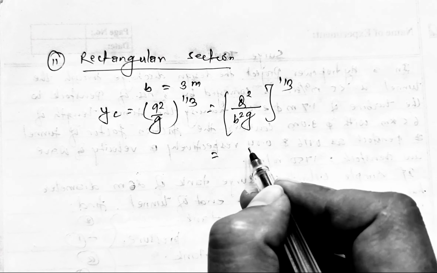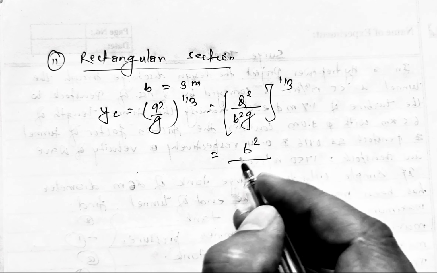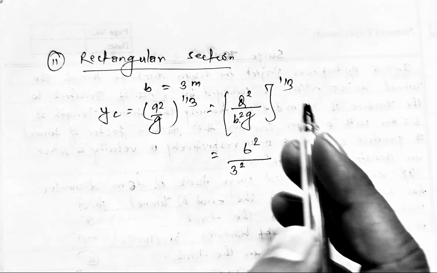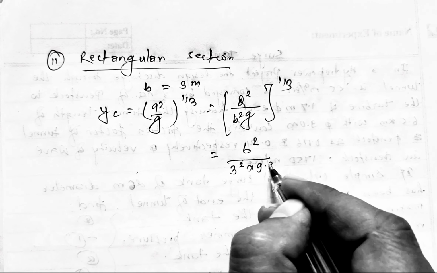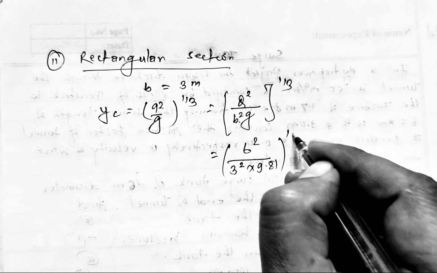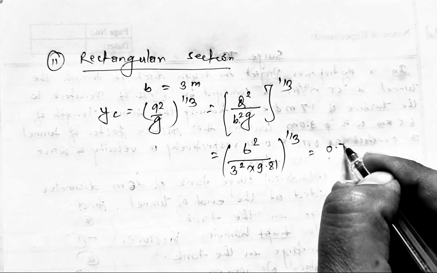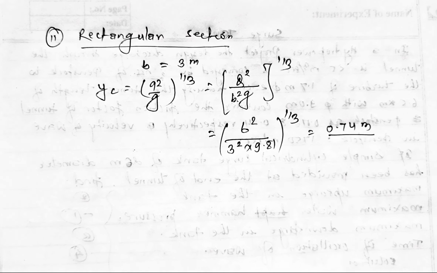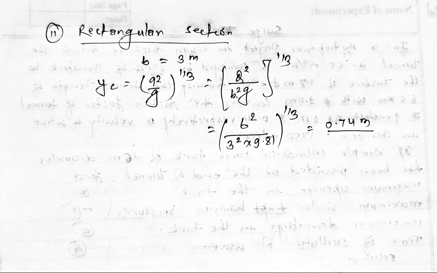So placing the values, 6 square, b is 3, and the value of g is 9.81, power 1 by 3, equals 0.74 meter, which is the required critical depth for the rectangular section with discharge 6 meter cube per second at width 3 meters.